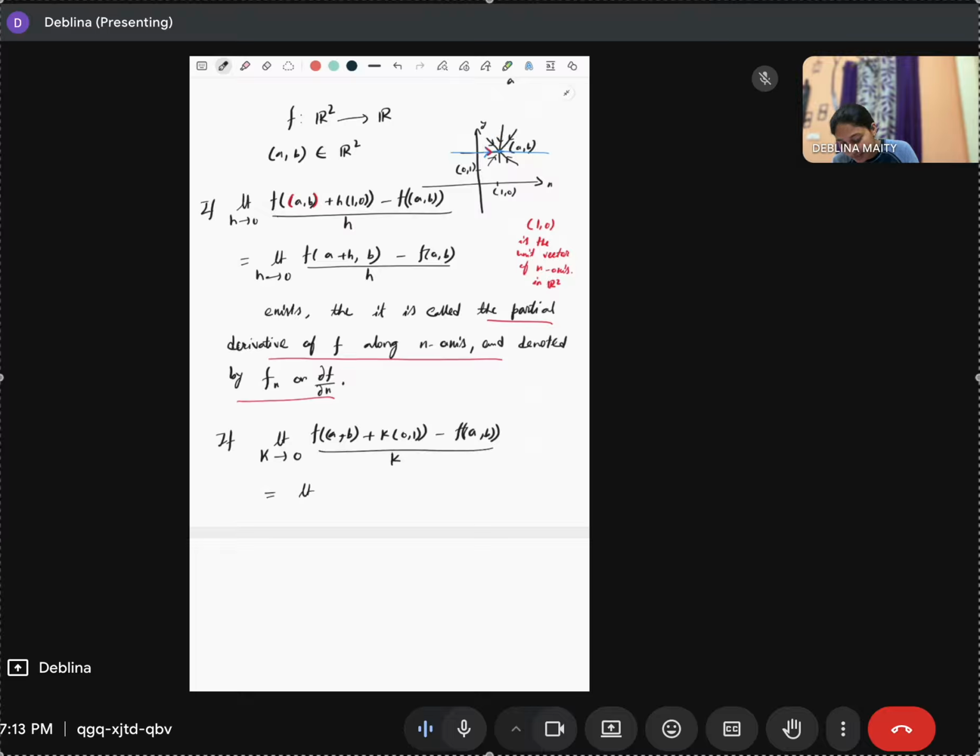This is nothing but f of (a, b plus k) minus f of (a, b), by k.